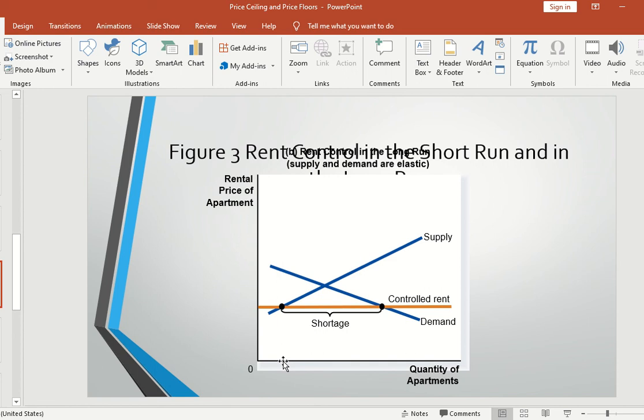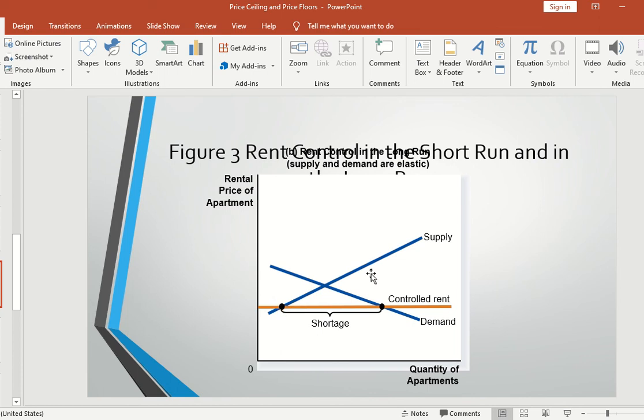Also, some landlords will just not maintain the apartments anymore. They will leave the apartment the way it is. So apartments are run down, nobody maintains them, they're damaged, nobody fixes them. That leaves the tenants with fewer livable apartments. Once again, that's a decrease in quantity supplied.